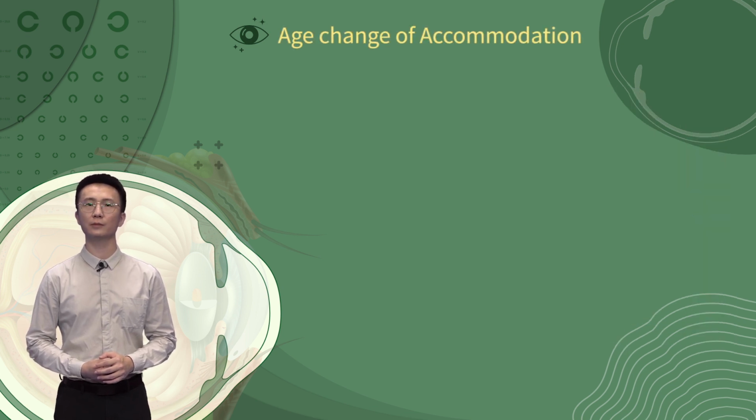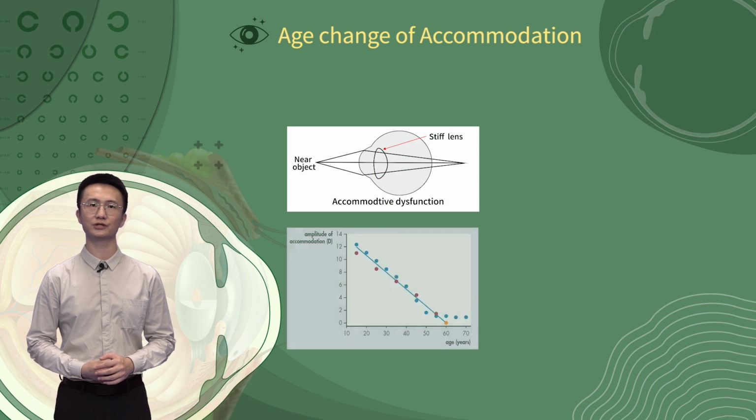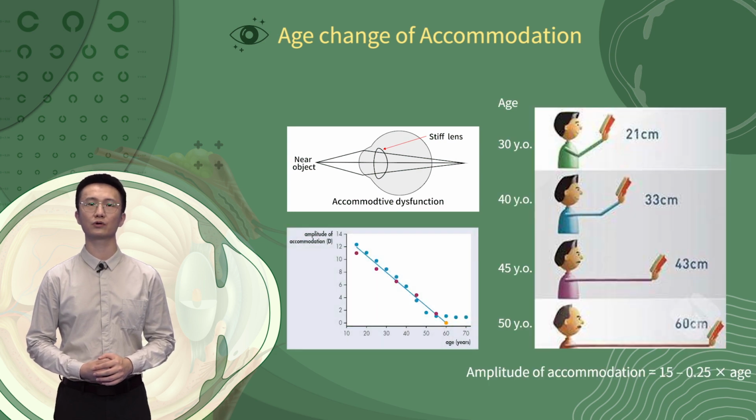However, accommodative ability decreases with age because the lens becomes harder and less flexible, and it is not easy to get rounder. The amplitude of accommodation decreases throughout life until 60 years old.